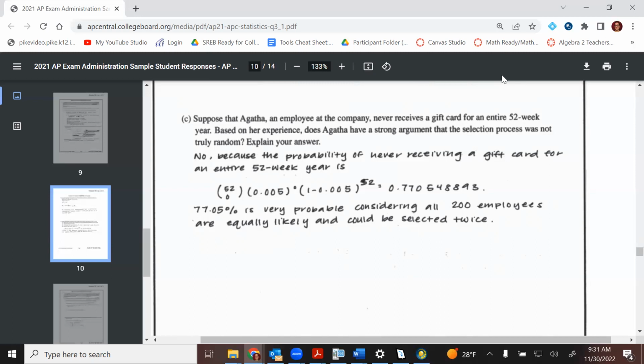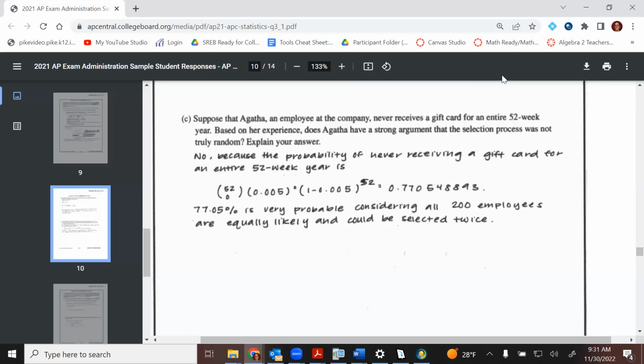This would be the probability of never receiving a gift card. For any particular employee, the probability that they never received a gift card in that 52-week period is about 77%. It's very probable, it's highly likely that somebody never receives a gift card. So that means that this is not a very rare event. Essentially correct on this one. The person received a score of 3 out of 4.